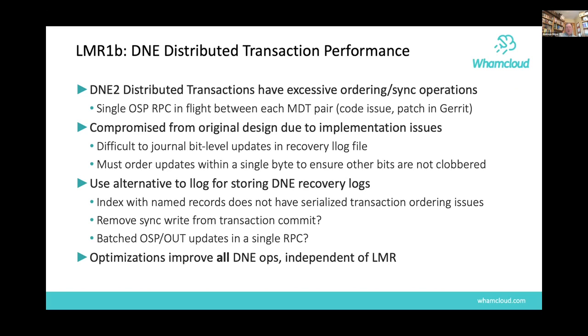And so we may look at a different data structure for the distributed transaction logs, and that should simplify a number of things. And it also removes the need to do synchronous updates in a distributed transaction.